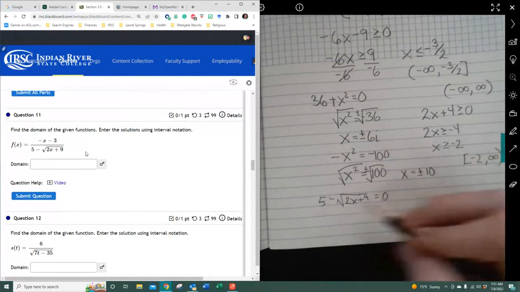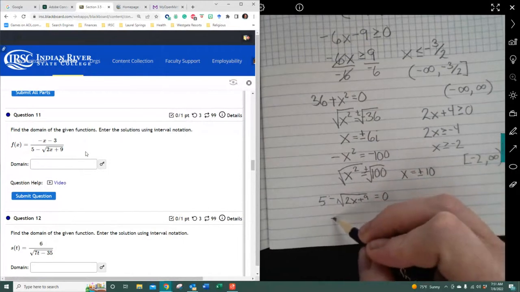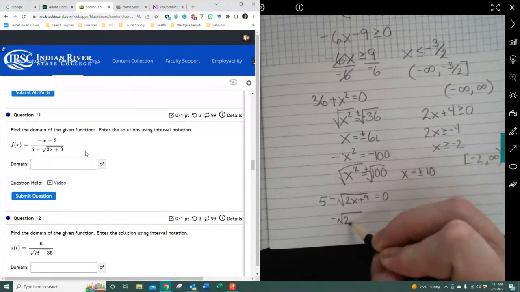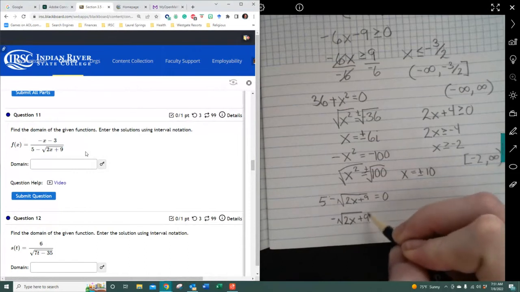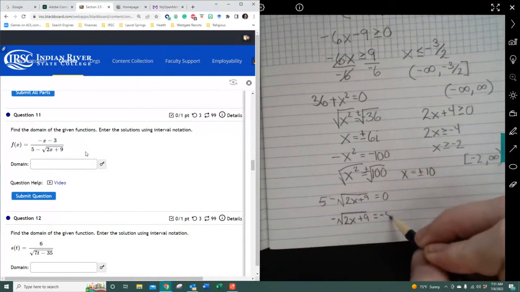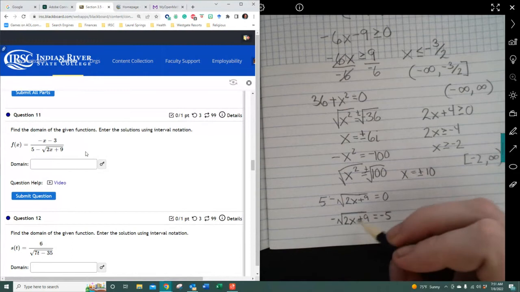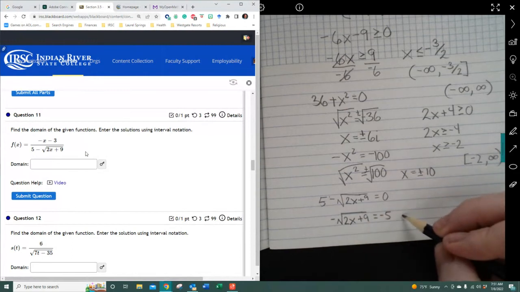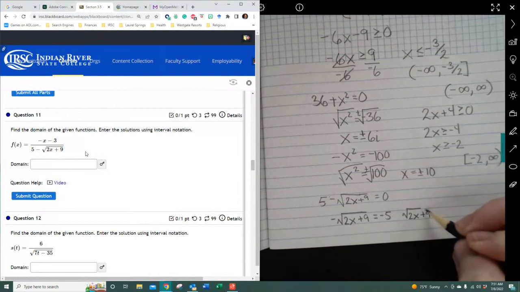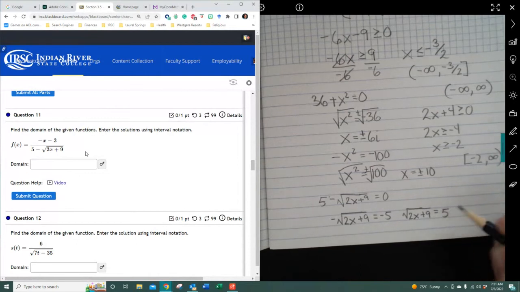So go ahead and subtracting 5 from both sides, you get the following. And then dividing both sides by -1. And then squaring both sides.